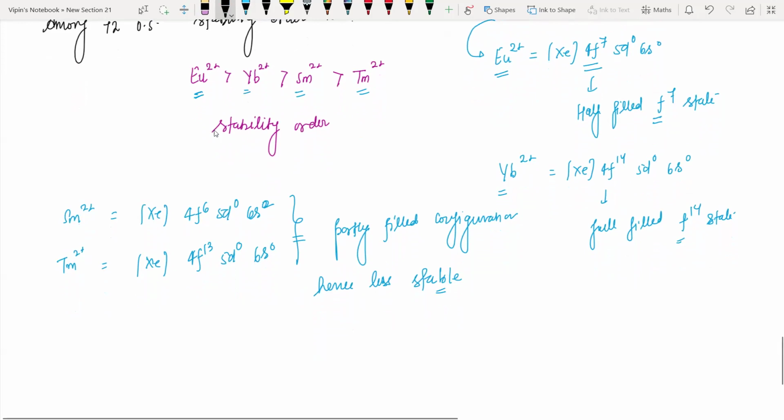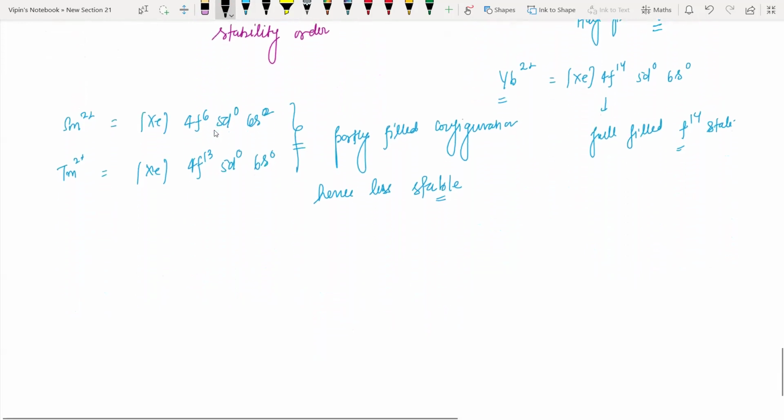Every +2 oxidation state, as we have seen earlier, in case of all the lanthanides, the most stable oxidation state is +3. It means the Ln2+ ion, that is the lanthanide +2 oxidation state, has a tendency to convert into +3 because the most stable oxidation state for lanthanides is +3.